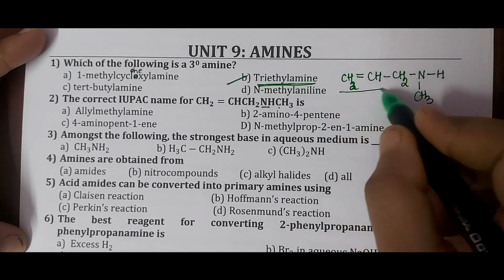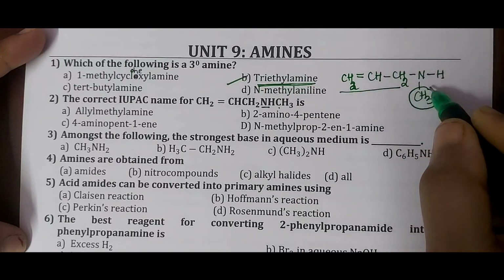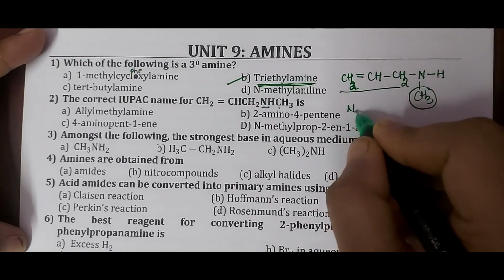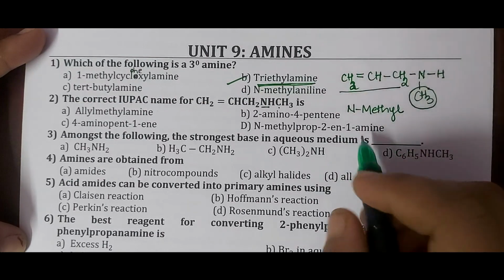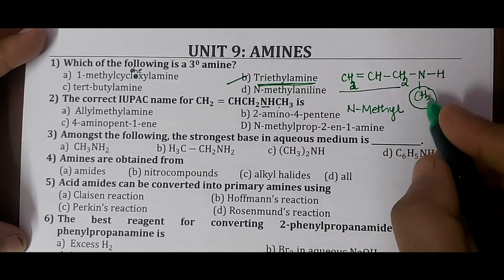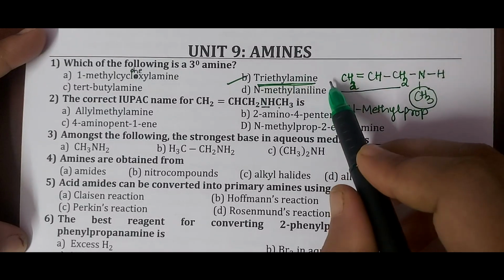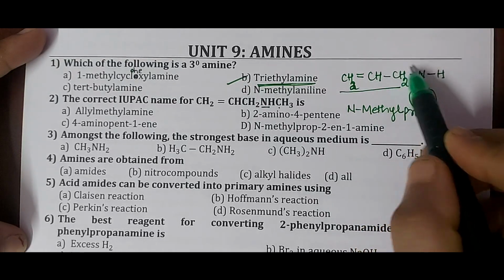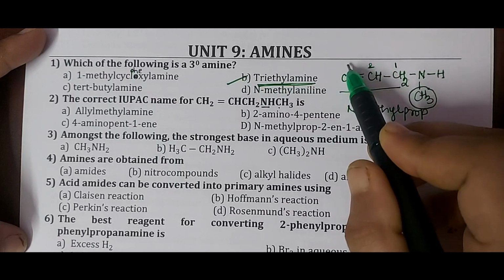The higher alkyl group becomes the parent chain, the lower alkyl group becomes the substituent. The substituent is on the nitrogen atom, hence we write its prefix as N-methyl. Then it has 1, 2, 3 carbon atoms, so prop. If you give first preference to the functional group, this is the first position, this is second, and this is third.